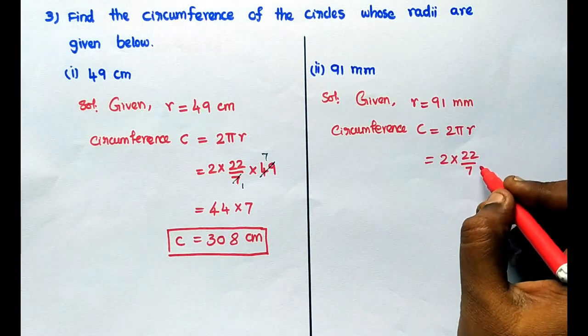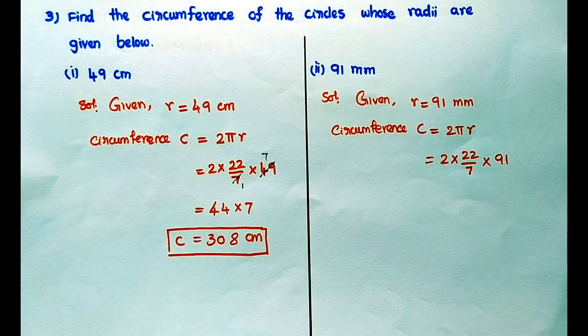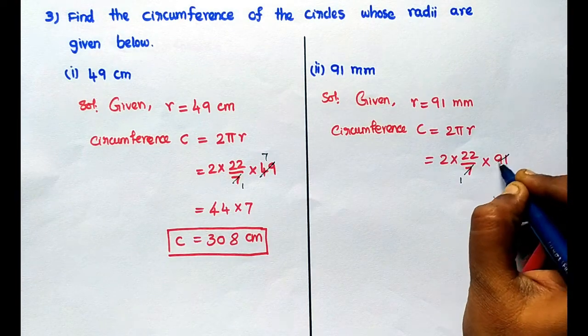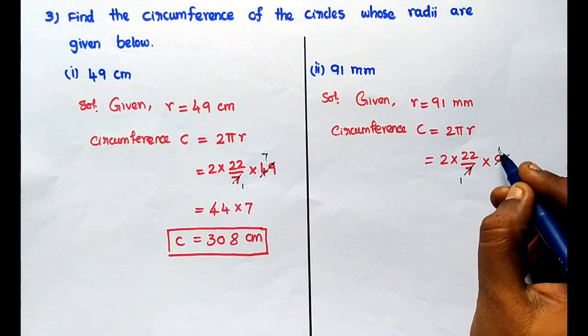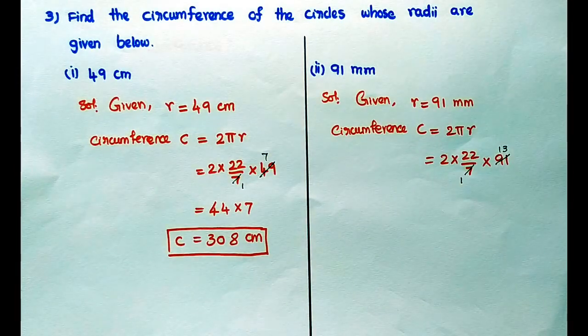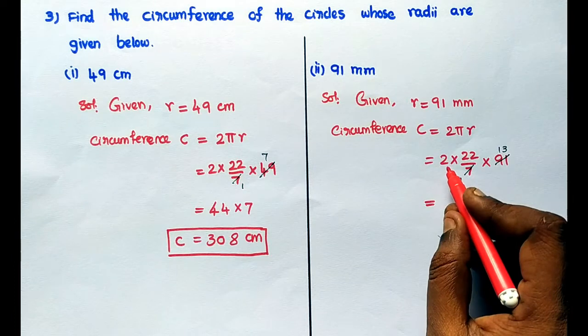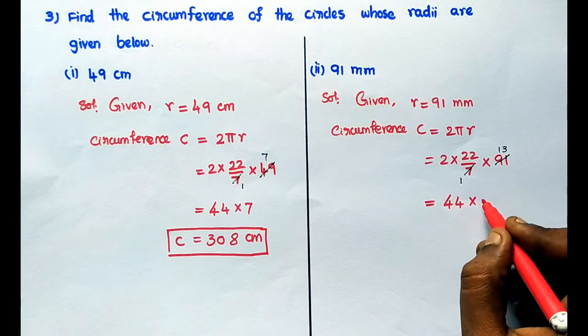Value of pi is 22 by 7. R is 91. Now cancel these numbers by the 7th table. 7 1s are 7. Here 7 1s are 7, balance 2, it becomes 21. So 3 times. 3 7s are 21. 2 into 22, 44, into 13.